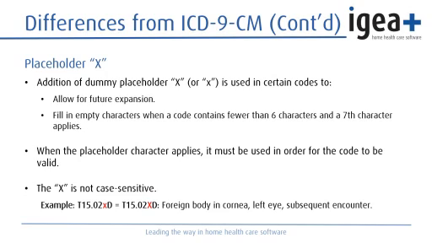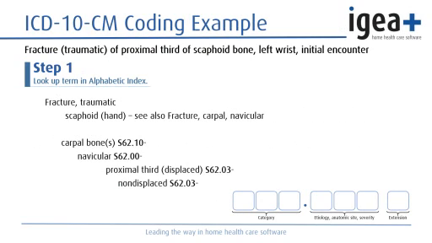All right, so to code a diagnosis of fracture of proximal third of scaphoid bone, we're going to start by looking up the main term fracture in the alphabetic index, just as we would in ICD-9-CM.